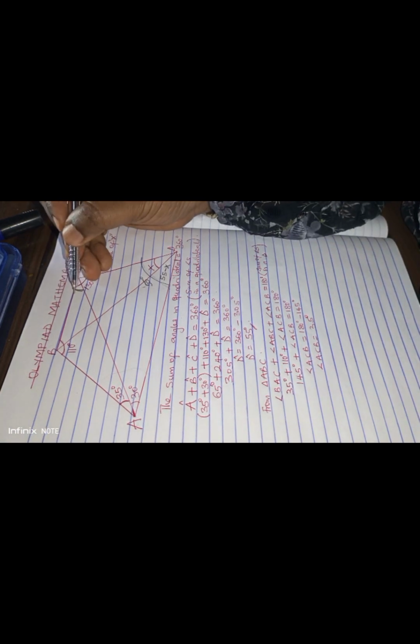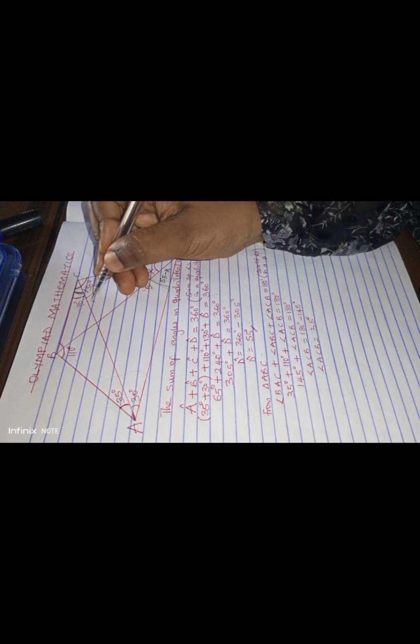So it means that this angle here is 35 degrees. So this angle ACB is 35, and the whole of angle BCD is 130. So to find this angle, it will be 130 degrees minus 35 degrees, which is 95 degrees.